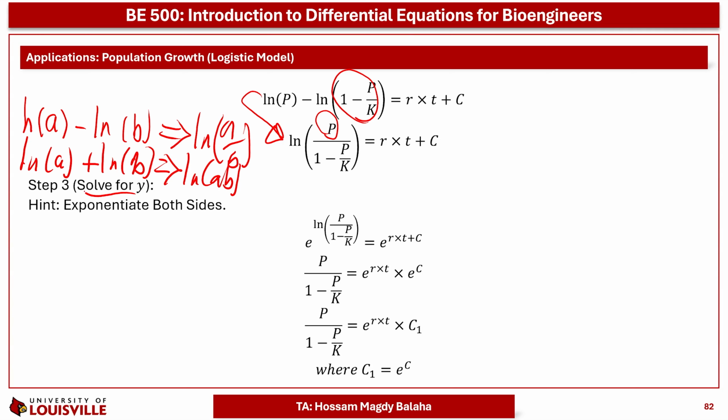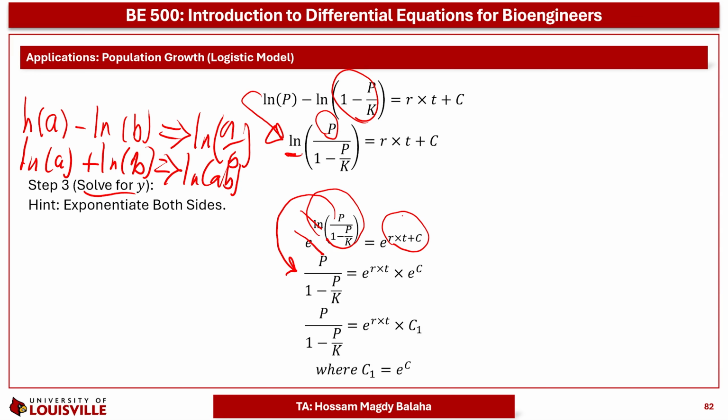Next step is to solve for p. So simply when you find ln, you can apply the exponential, because the exponential will cancel the ln. So exponential for both sides, exponential of the left hand side, exponential of the right hand side. This will cancel each other, and will result in p over 1 minus p over k.